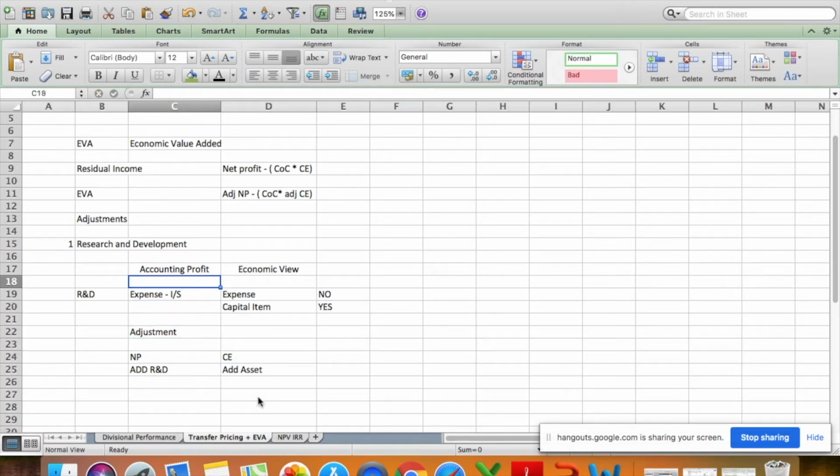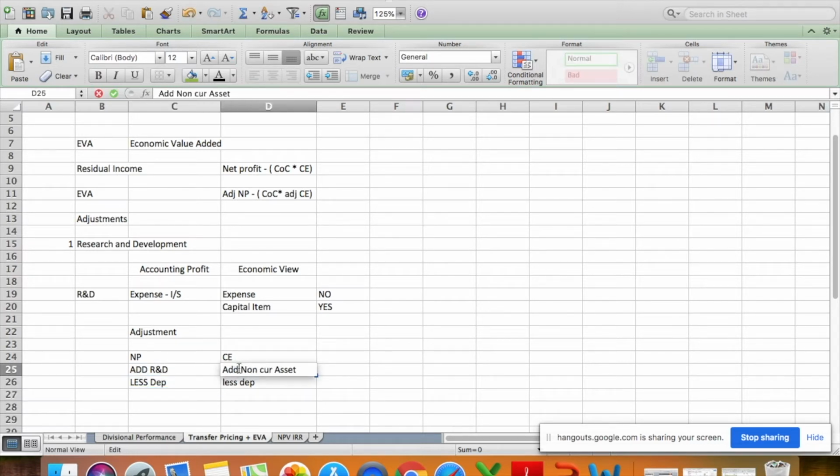And in capital employed, as we are capitalizing it, we are going to add it as an asset, because now this is the true economic value of it. As it is now an intangible asset, we are going to mention it at its net book value according to financial accounting. And so we are going to deduct its depreciation both in the asset and in the net profit.